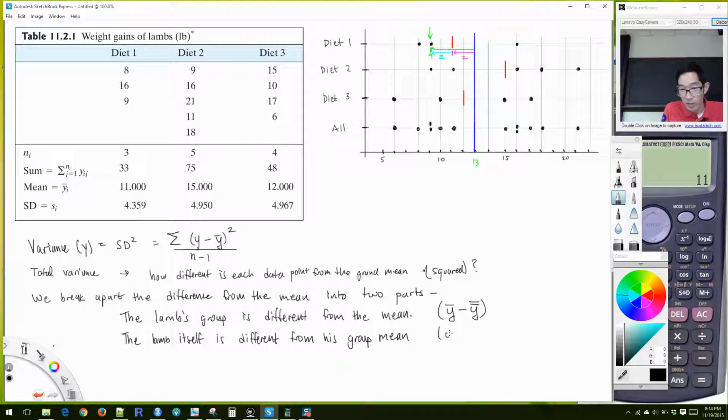So we have y, the individual data point, minus his group mean. The total difference is the individual data point minus the grand mean, and that can be split up into these two parts.